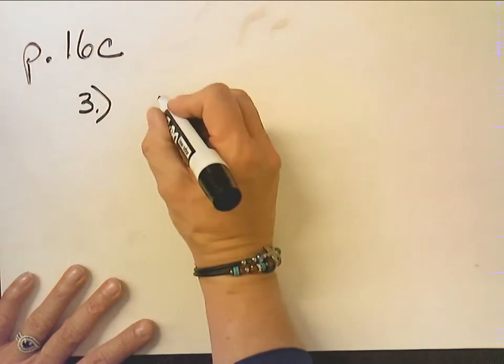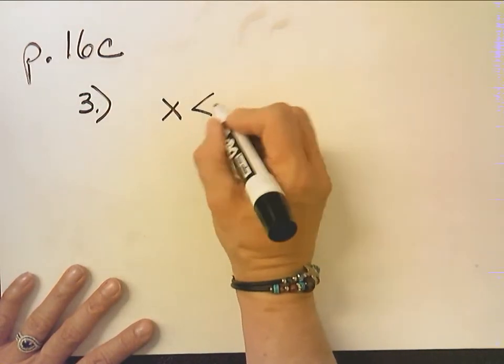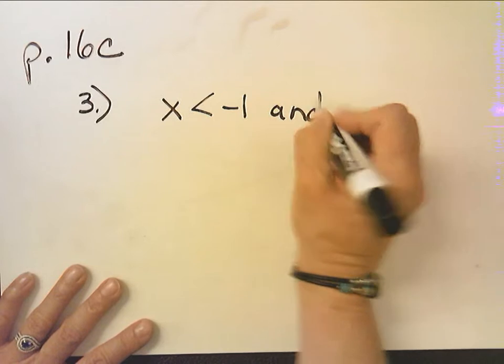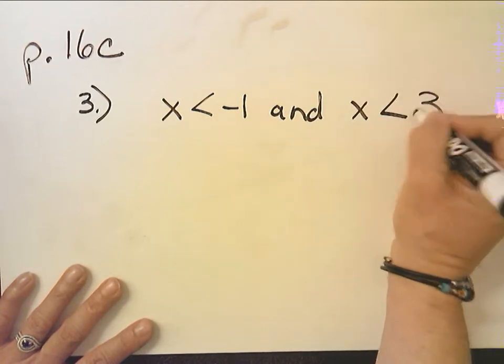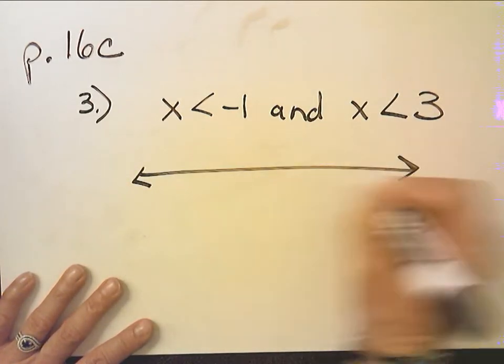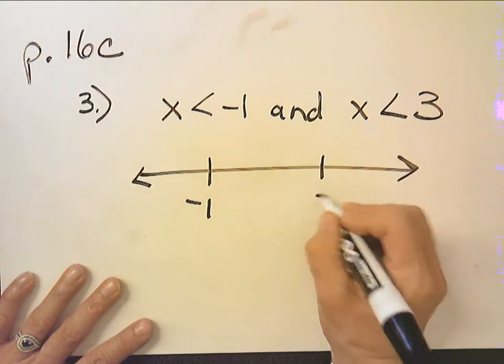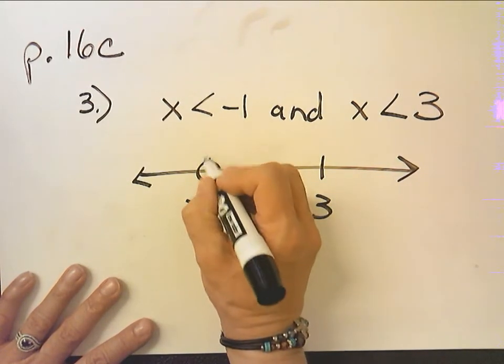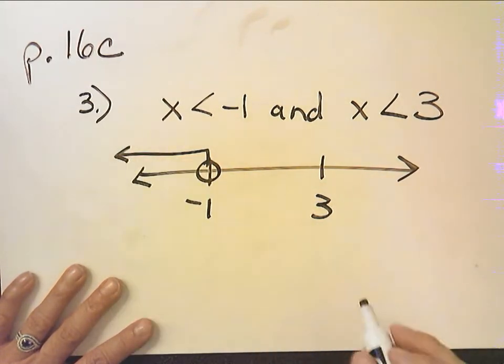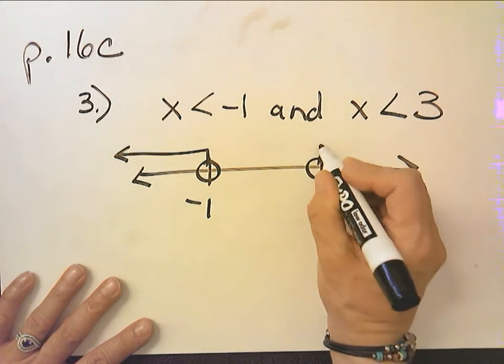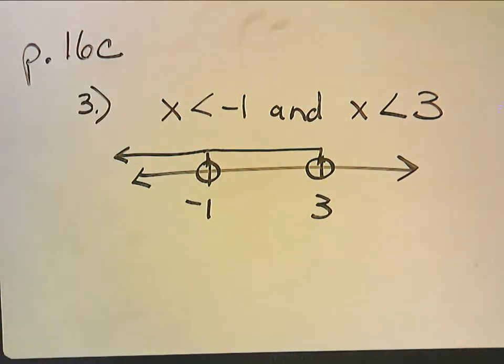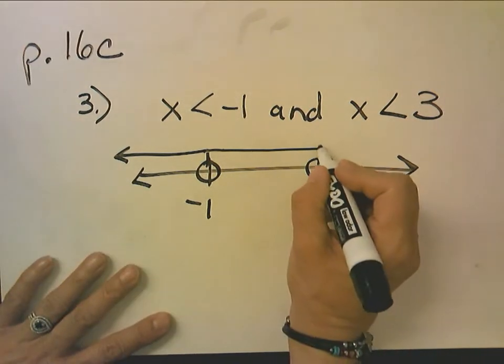Now, number 3, x is less than -1 and x is less than 3. So now I do -1 and 3. If something is less than -1 and if it's less than 3. Now, and means where do these overlap?